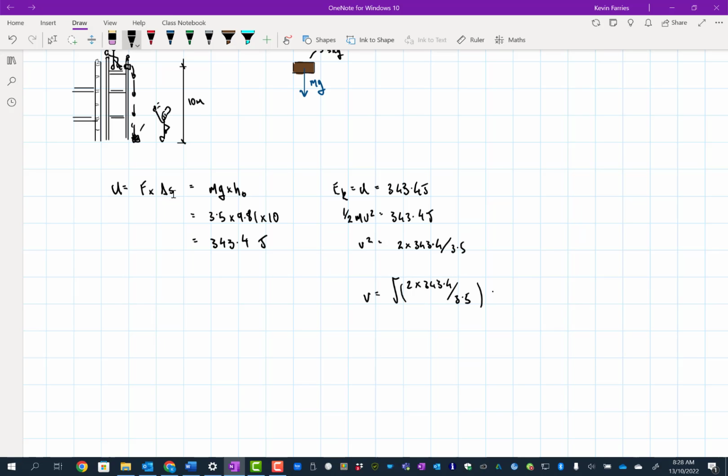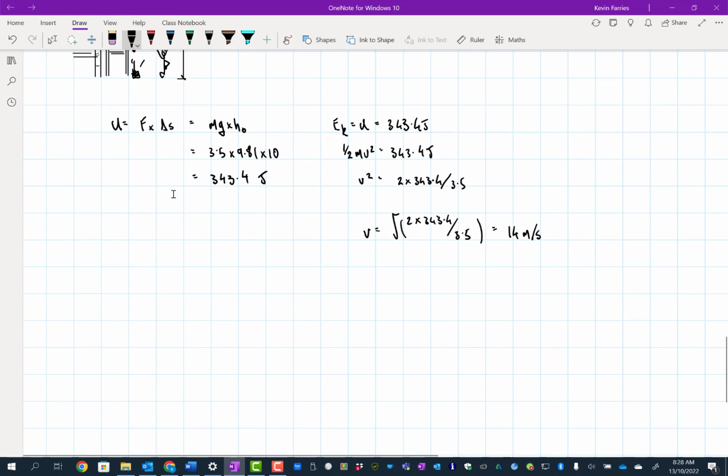Let's figure out what the velocity would be. 2 times 343.4 divided by 3.5, take the square root, is 14 meters per second.